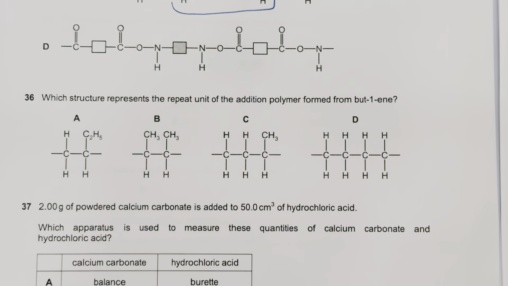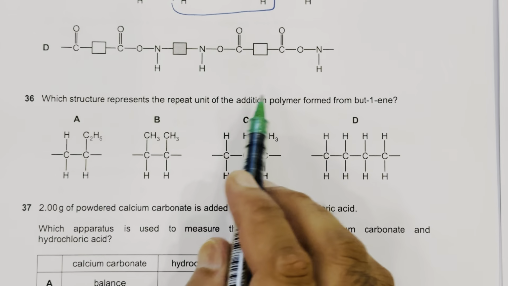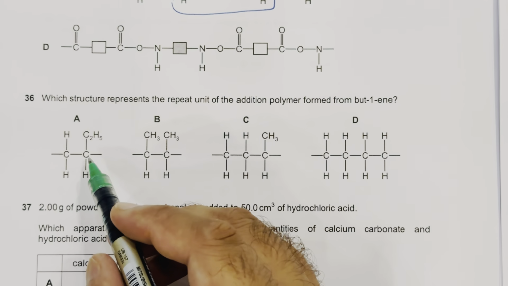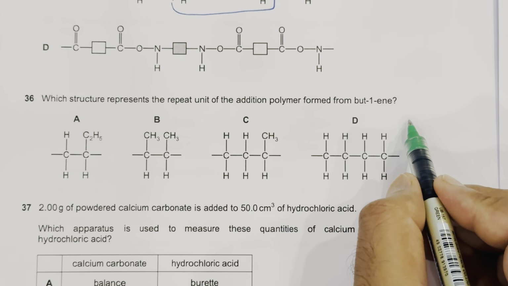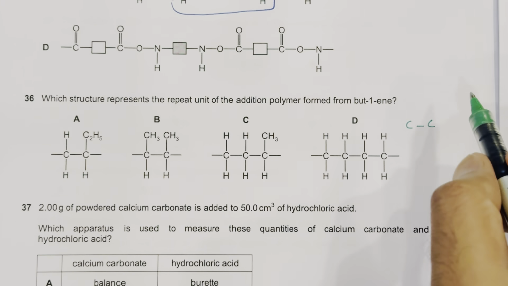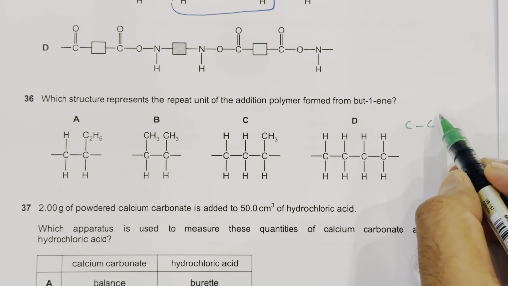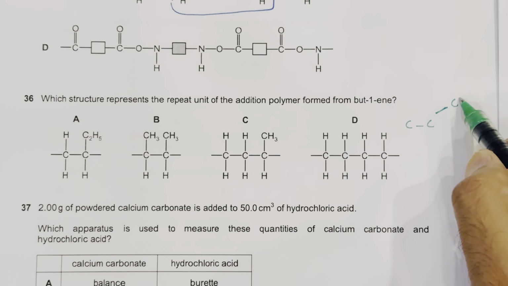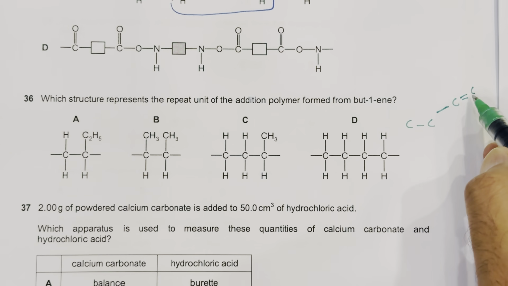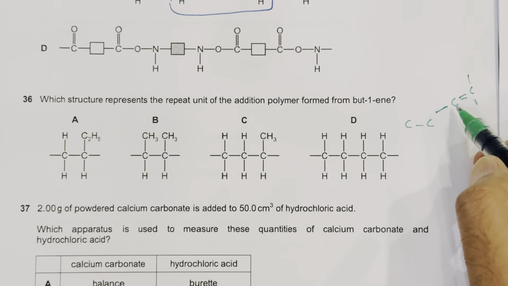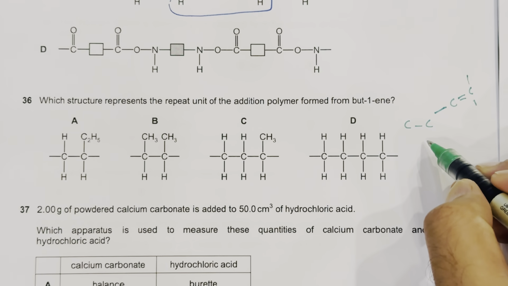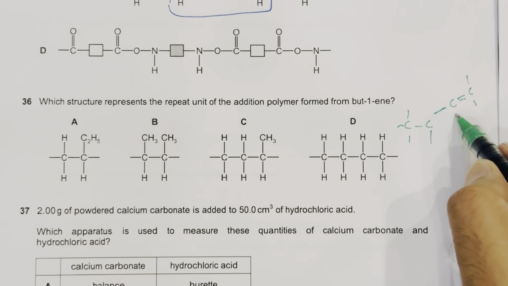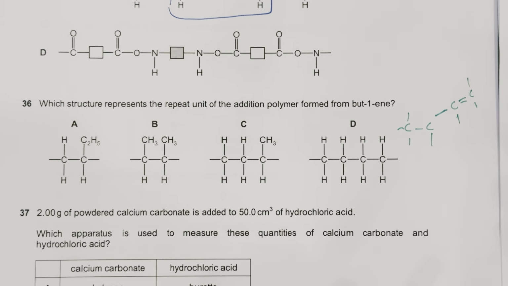So it should have the repeating unit, and we know that the repeating unit should be like that. It should have a formula like that, C. And but-1-ene has a double bond at the number 1 position. It would be like that. And this would be our structure.